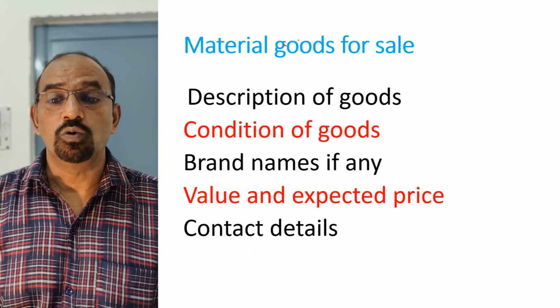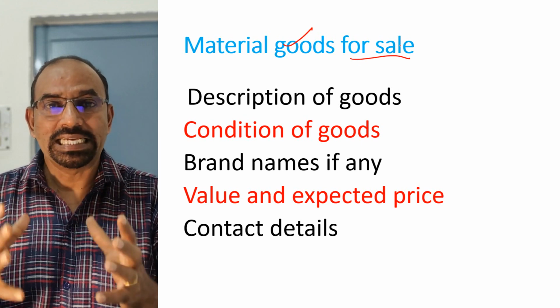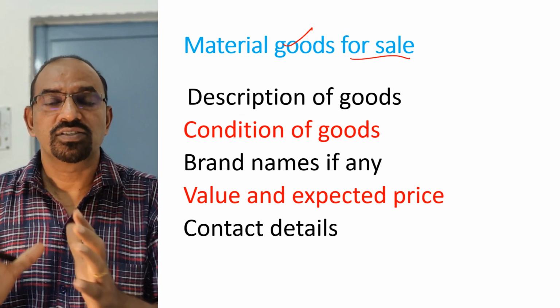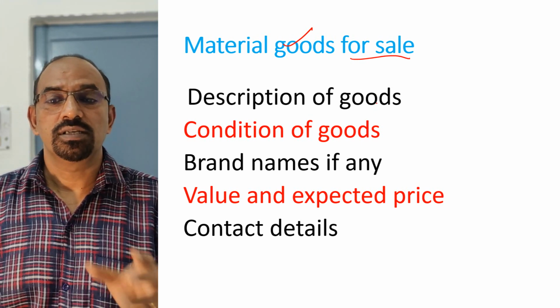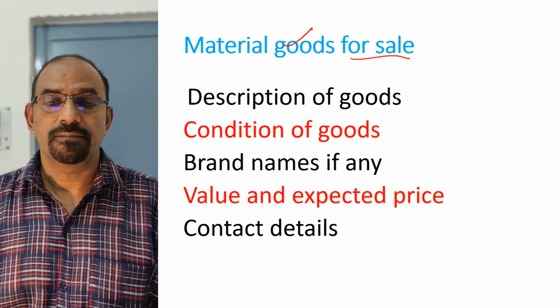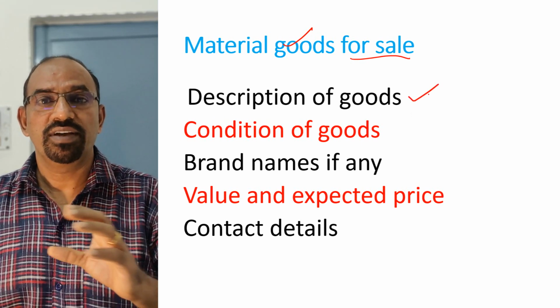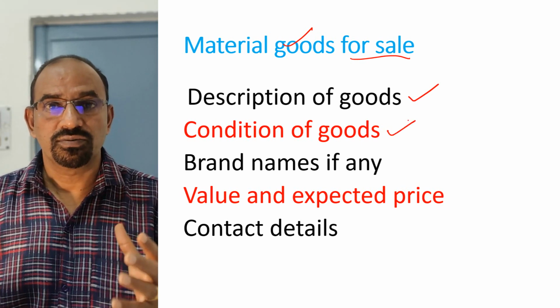Material goods for sale. Whatever material, whatever things you want to sell through classified ads. Let us check the key points for this material goods sale. First, description of the goods. You have to give a clear description of the goods. Then the condition of the goods.